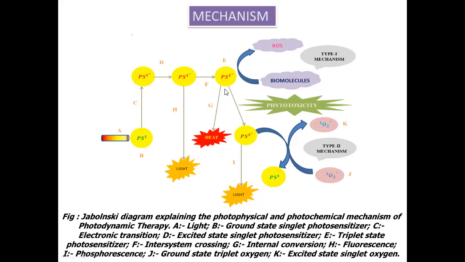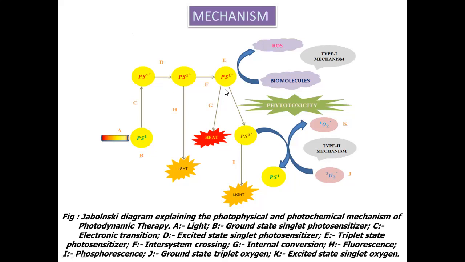But either it is type 1 or type 2 mechanism, the end or final result will be the singlet oxygen itself. But we have a different type of mechanism which usually occurs.